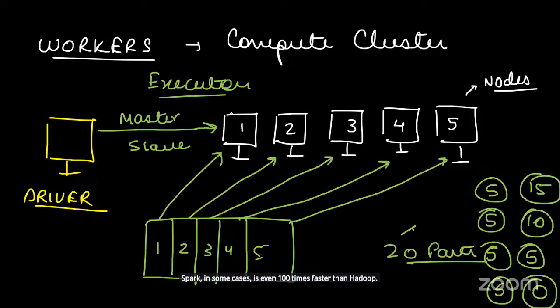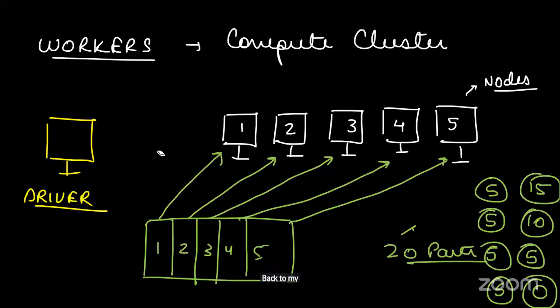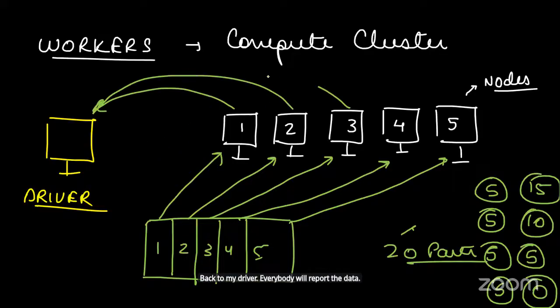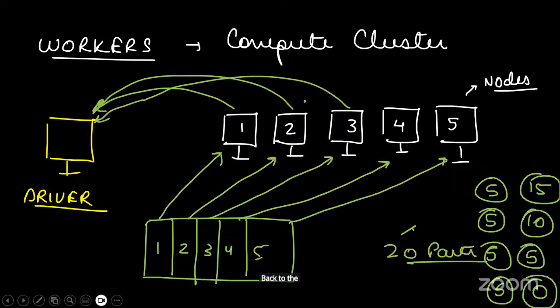All right, which is actually what Spark claims officially as well. And once the processing is done, it will report all of this data back to my driver. Everybody will report the data back to the driver over here, like this.